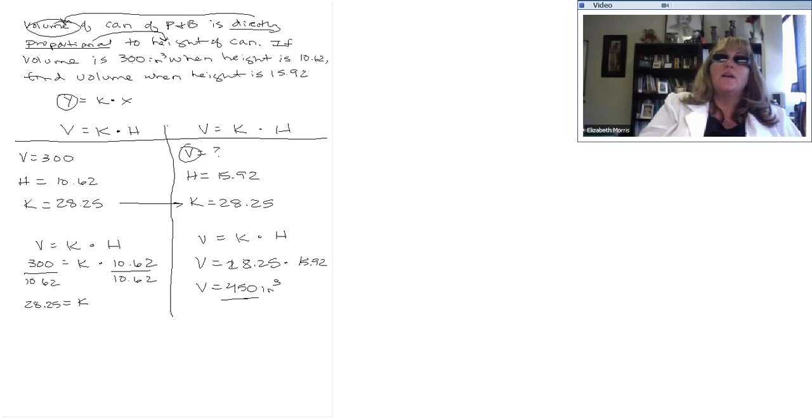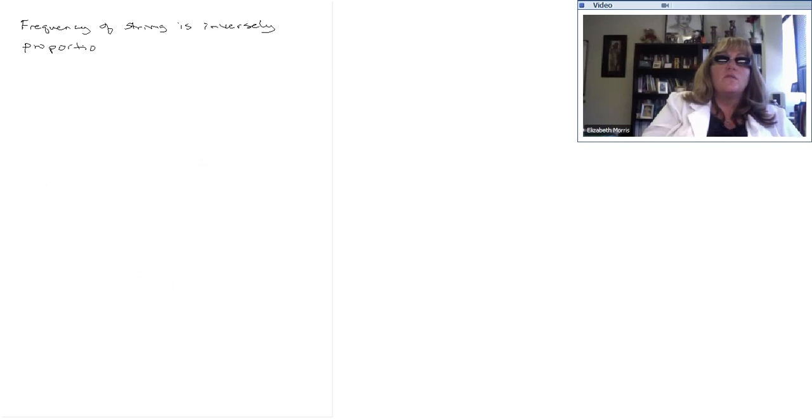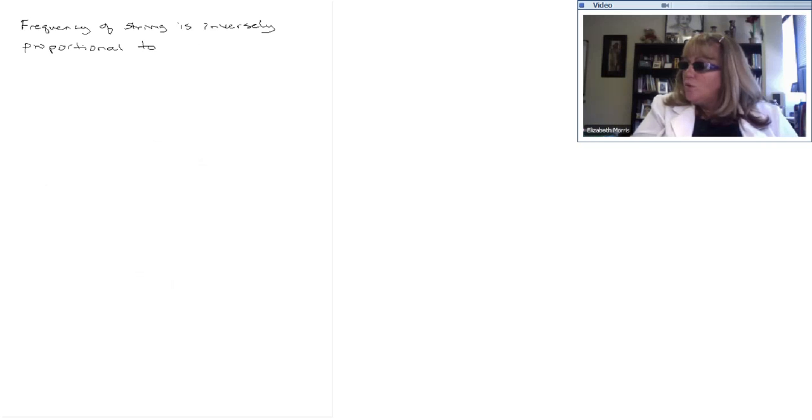All right, let's try another one. Let's try if they talk about inverse. Same idea, but this time, what if the problem said the frequency of a vibrating string is inversely proportional to its length.